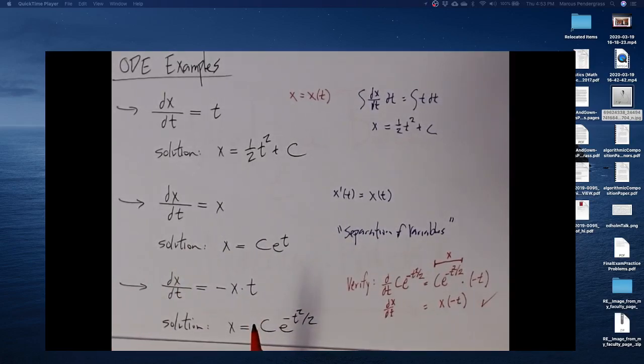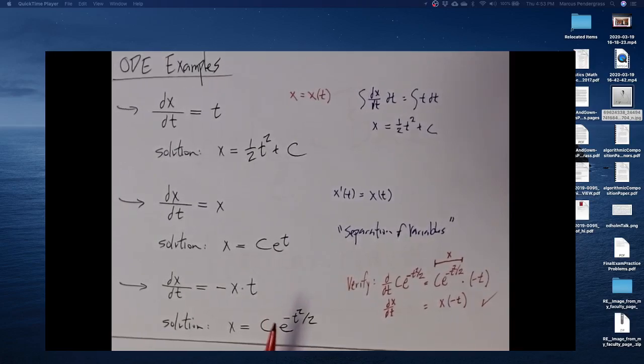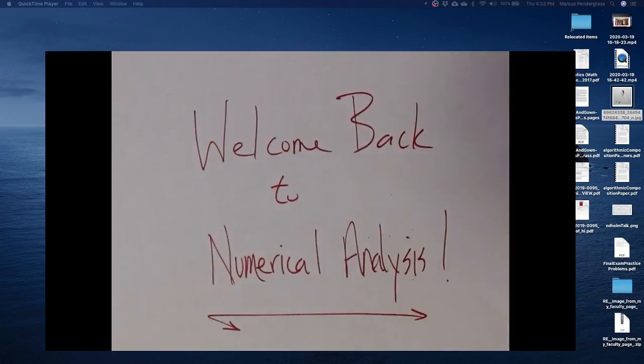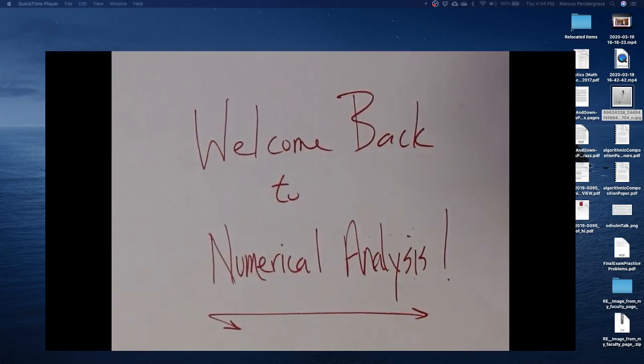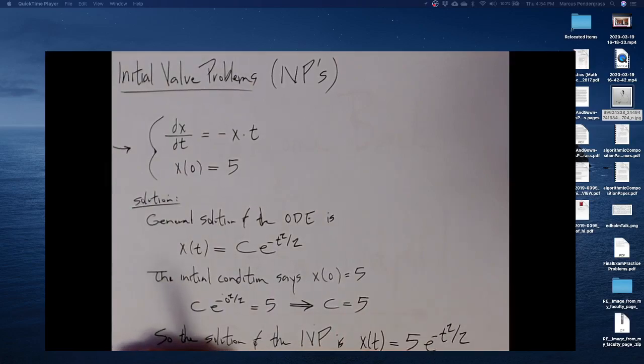Again, you can get that solution as well by the method of separation of variables, but there are plenty of differential equations that can't be solved by that method. In fact, we'll see one pretty shortly here. There's a related concept that I wanted to bring up at this point, and that's the idea of an initial value problem.